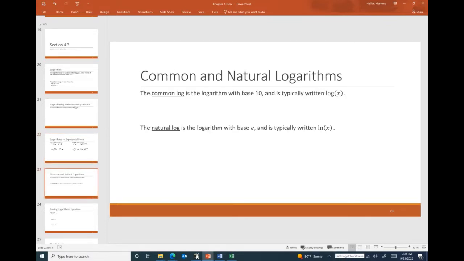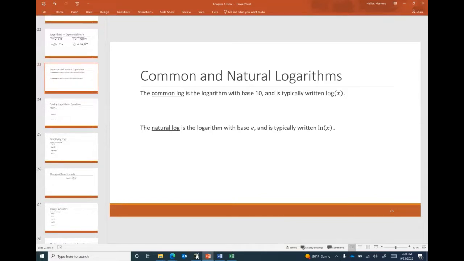All right, there are 2 special logarithms. There's the common log and the natural log. Why are they special? They're just the most frequently used logarithmic expressions. The common log is simply log base 10. We typically don't write the base, though. You might say log base 10 of x equals something, but we typically write log x.